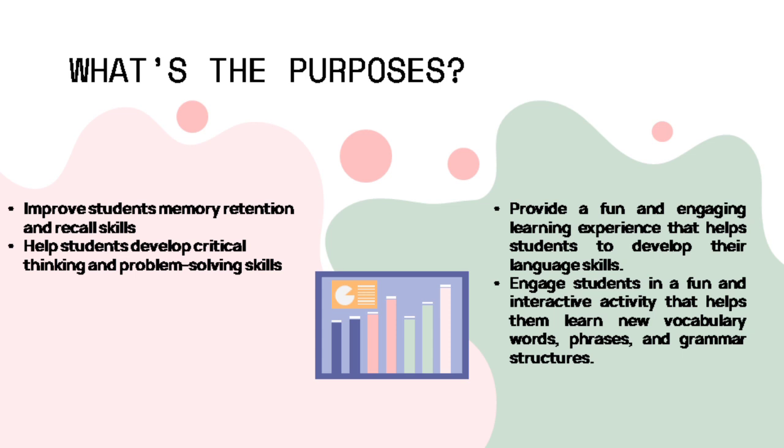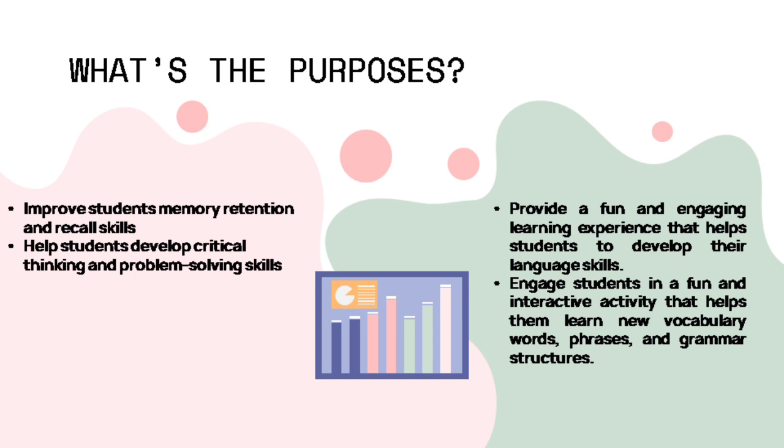And then, provide a fun and engaging learning experience that helps students to develop their language skills. Students are given cards or sticky notes with the vocabulary words written on one side and definitions or translations on the other side. The cards are shuffled and placed face down on a table or desk. Then students take turns flipping over two cards at a time and trying to match the vocabulary word with its definition or translation.